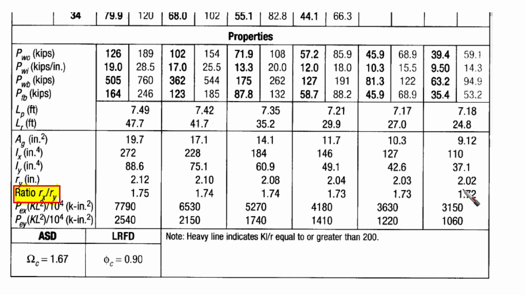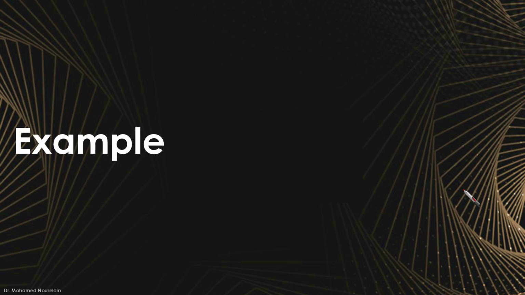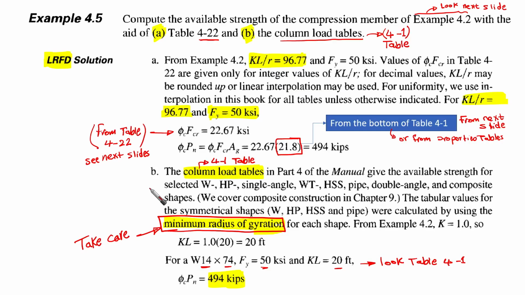Okay, now let's jump into another part. I think we are ready now for taking example number 1. In this example, we are going to compute the available strength of the compression member of example 4.2 with the aid of table 4-22 and the column load tables, which is table 4-1.